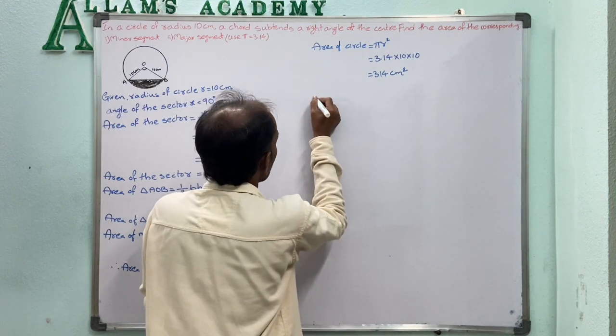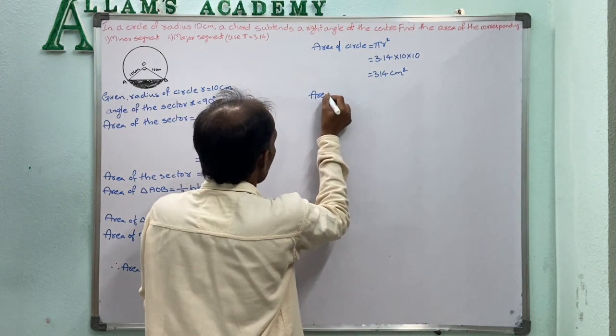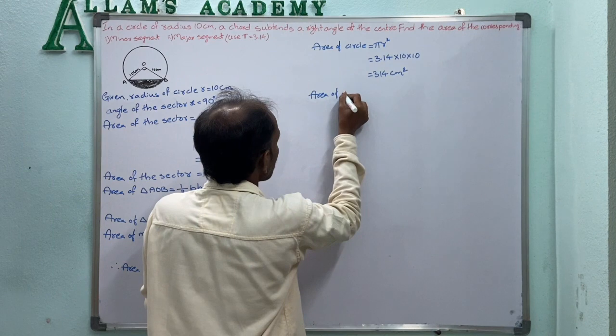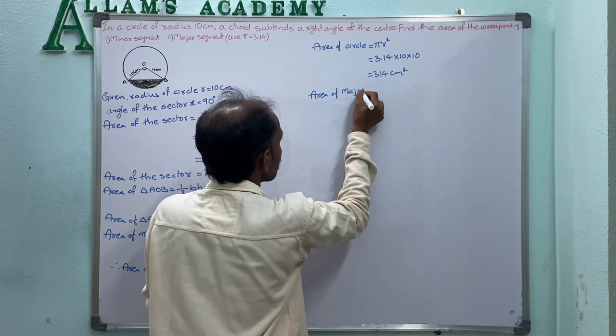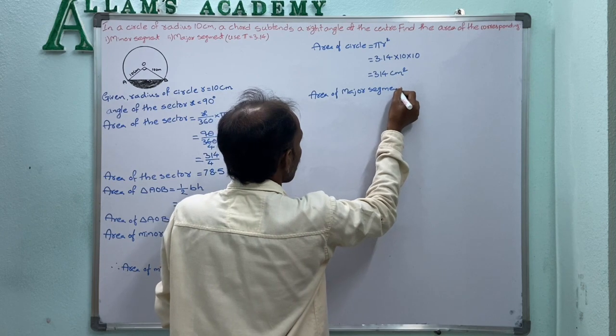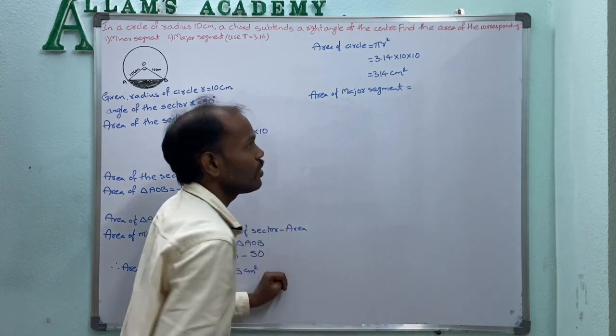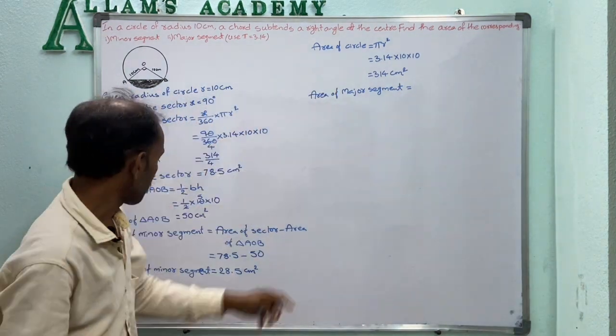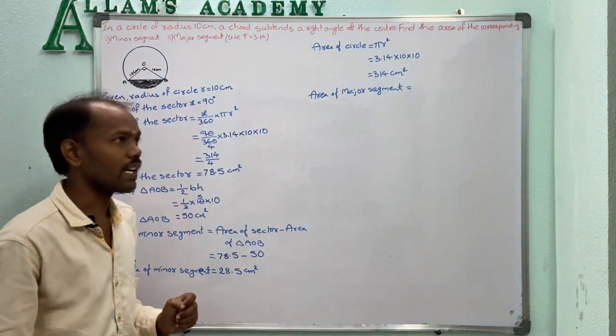Next we are finding the area of major segment equal to area of circle minus area of minor segment.